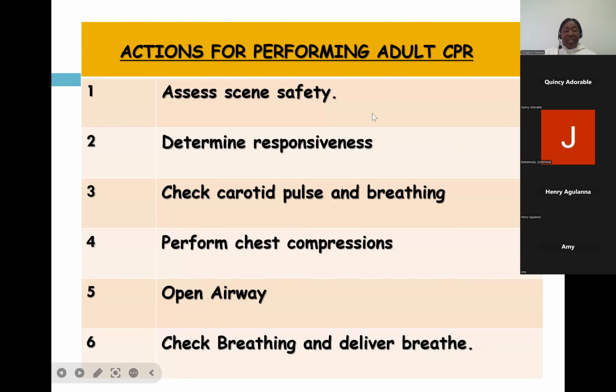So the actions, things you must do if you're going to start the CPR. The first thing is to assess the scene. Make sure the scene is safe for you as the person who is going to conduct this CPR for the patient or the person who has collapsed.